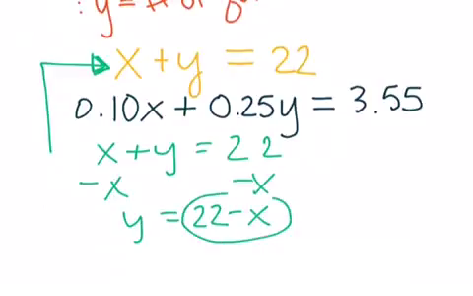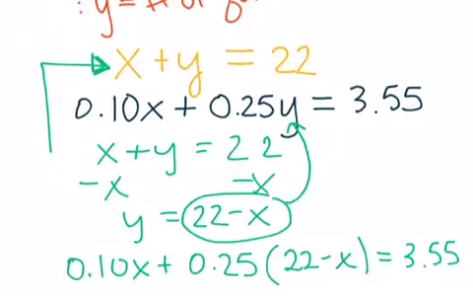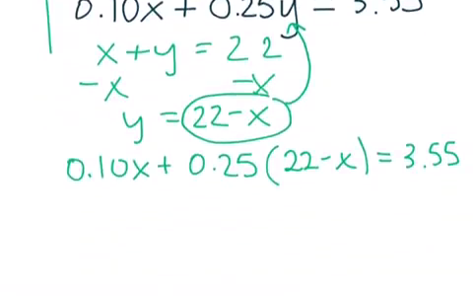Now I can take this and plug it into the second equation for y. So that gives me 0.10x plus 0.25 times the quantity of 22 minus x equals 3.55. So I need to carry this 0.25 through.